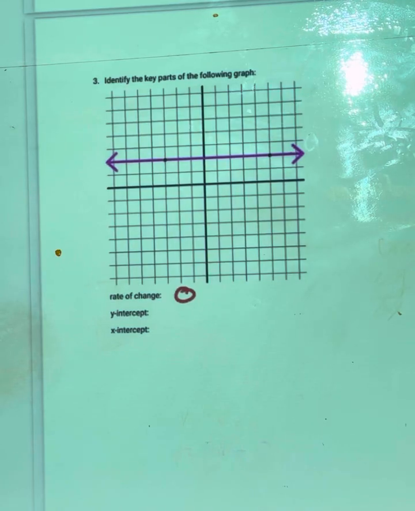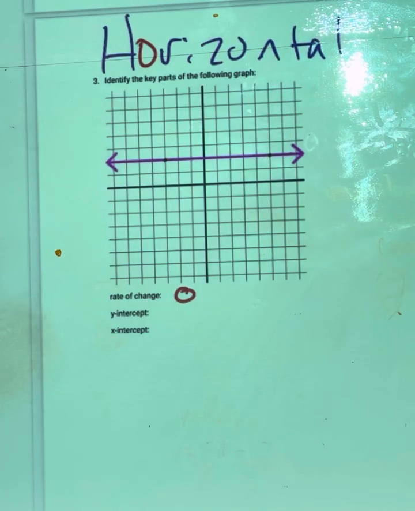The other way I remember is the word horizontal has 2 O's, H-O-O for 0. That's one of the ways that I remember it. And vertical, does the word vertical have an O in it? No. So that's another way you can remember.